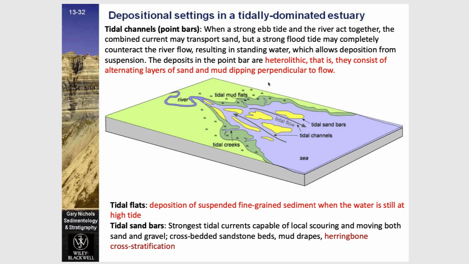These deposits, often, especially the ones that are formed on the central part, along the tidal flows, will be usually heterolithic, so they will consist of alternating layers of sand and mud with again an orientation that is perpendicular to the flow.